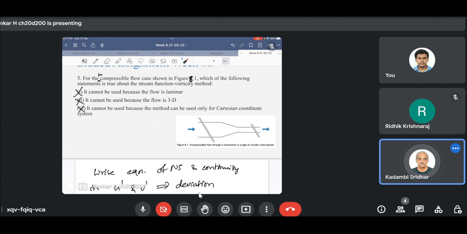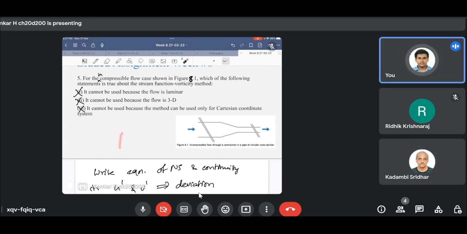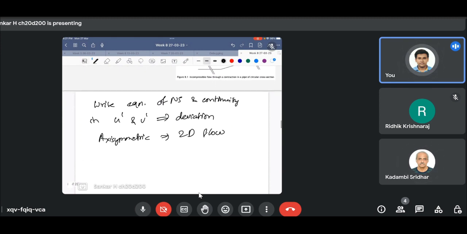Even if it's a rectangular pipe, we will be solving only a 2D flow. We'll only find the variation of velocity as a function of, let's say, y and z. We'll only be finding the velocity u as a variation of y and z.